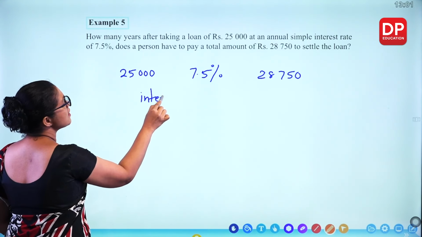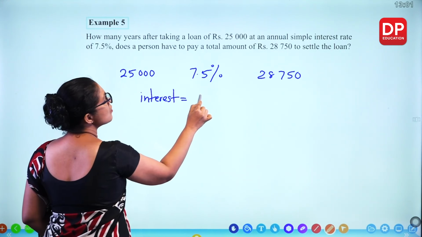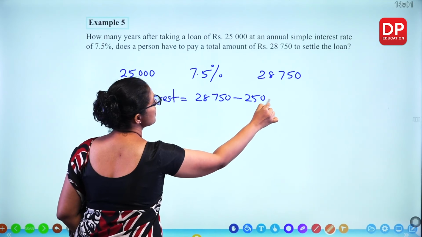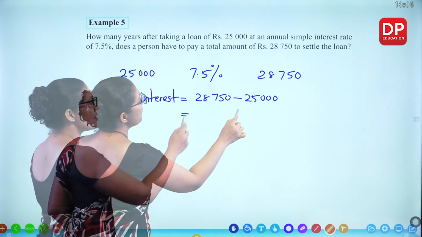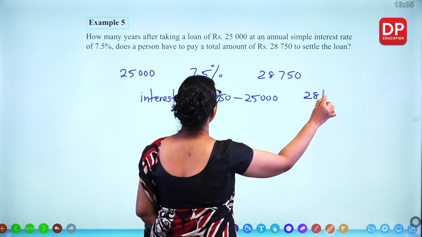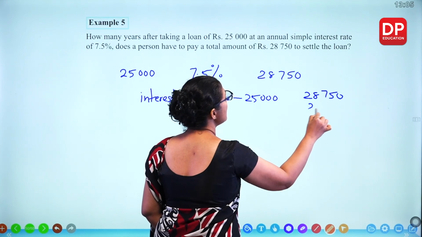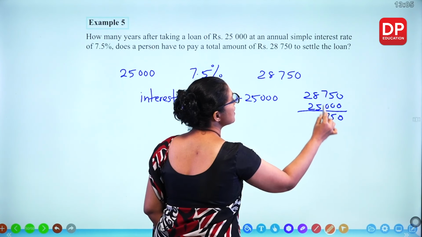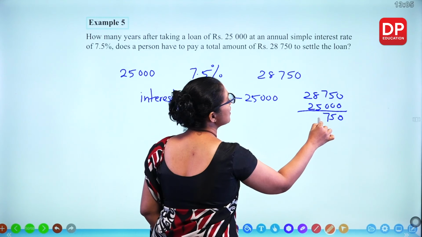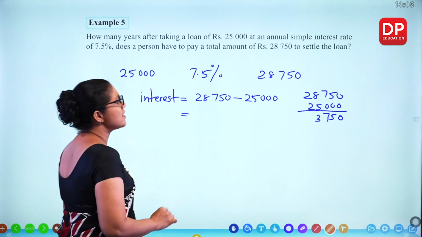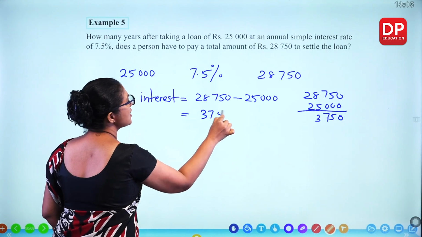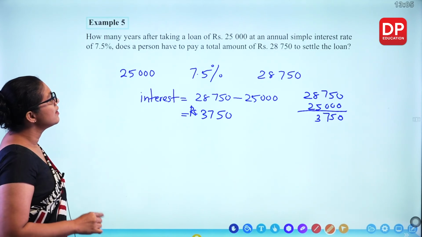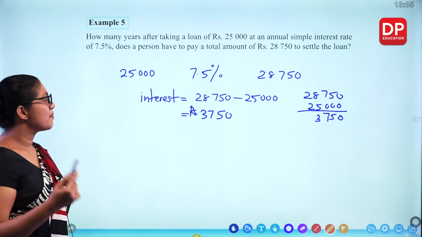So interest is 28,750 minus 25,000. So what's the subtraction? 28,750 subtract 25,000. You get 3,750 rupees. That's the total interest paid.